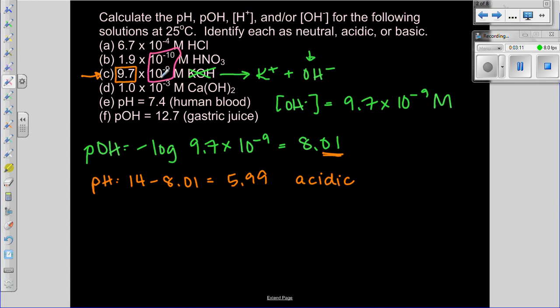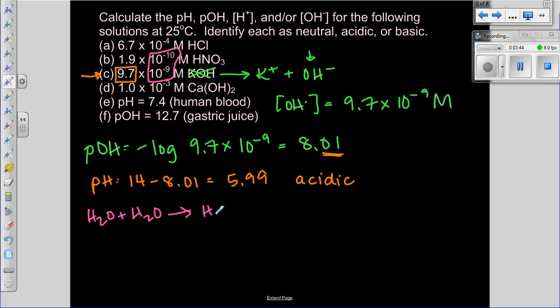If it is smaller than 10 to the negative 7th, then I need to think about how water contributes more to the pH of the solution than either of these super dilute acids or bases. So if I consider water, let me write this again just on the off chance that you didn't view the entire first video.